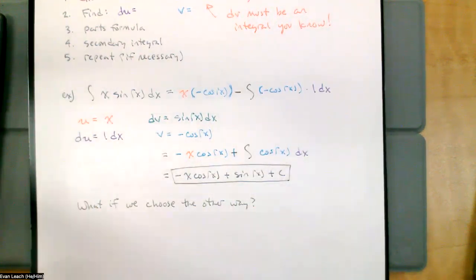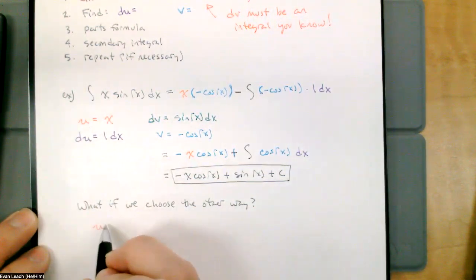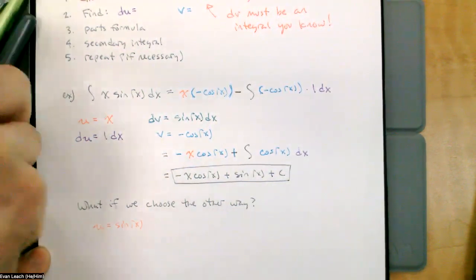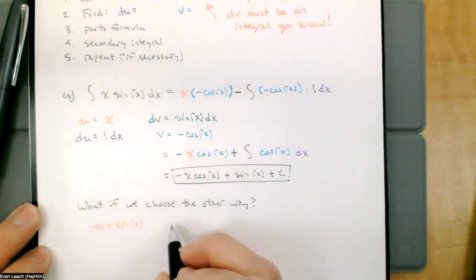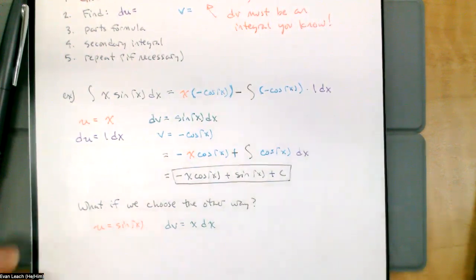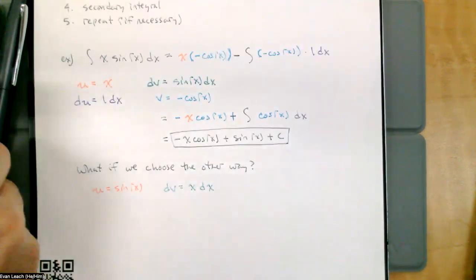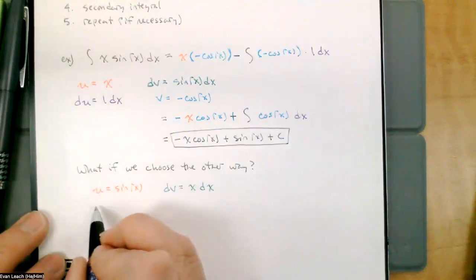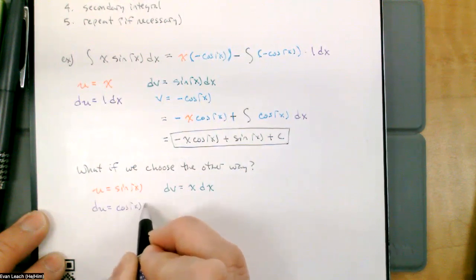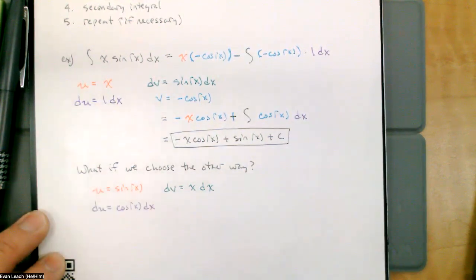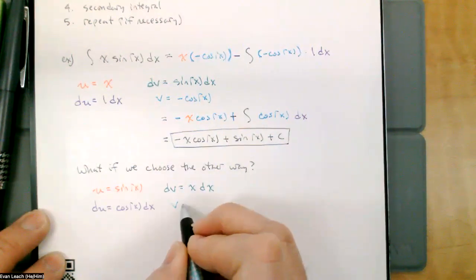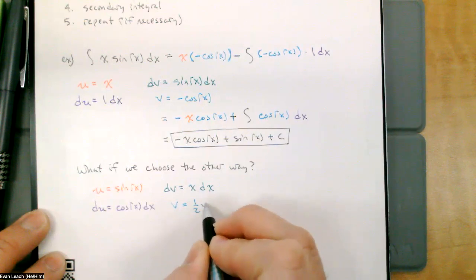If we set this up with u equals sine of x and dv as x, because the only rule that I've given you so far is that dv needs to be something you can integrate, and we can integrate x. Then our parts are du, derivative of sine is cosine, and our integral of dv is a 1/2 x squared.